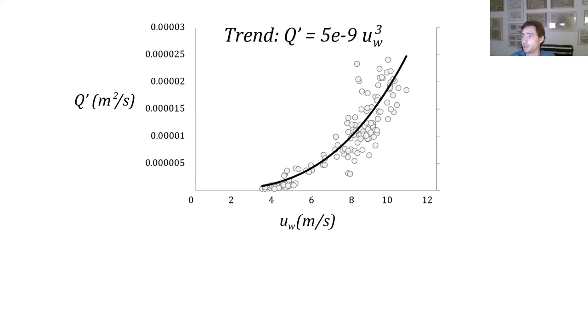So I made a short little plot. On the x-axis we have the wind speed, and on the y-axis we have the wind parallel volume flux of the dune. And the trend line seems to link up quite well with this wind speed to the third power. So this is actually a really nice fit.